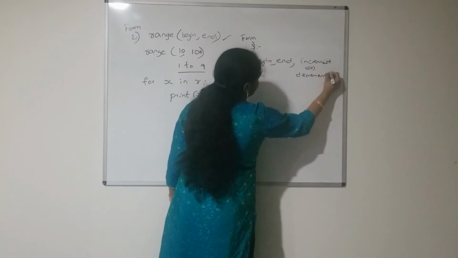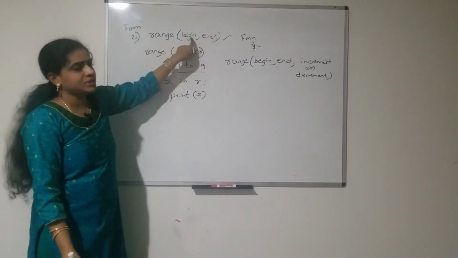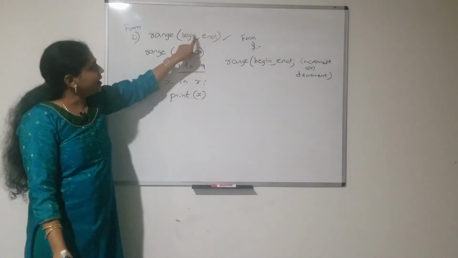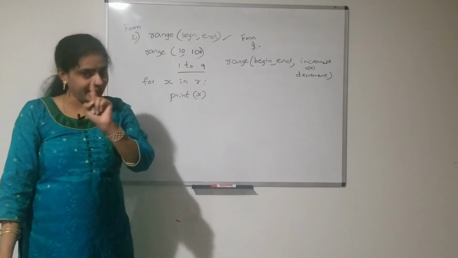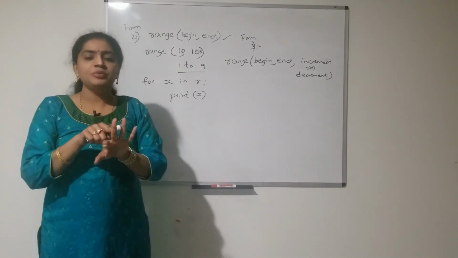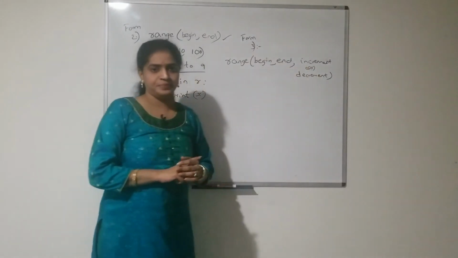If you consider form 2, I am passing 2 arguments for the range object, begin and end. In form 1, I passed just 1 argument, n. In form 2, 2 arguments. Coming to form 3, I am passing 3 arguments.